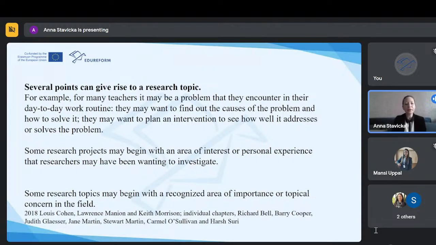For example, many teachers, when they come to the classroom and encounter some problem in their day-to-day work routine, may want to find out the causes of the problem and how to solve it. They may want to plan an intervention to see how well it addresses the problem.